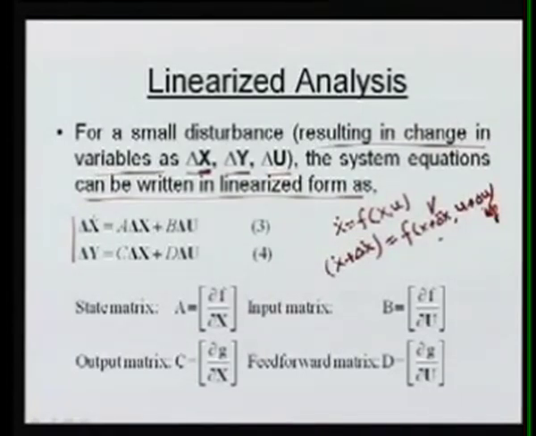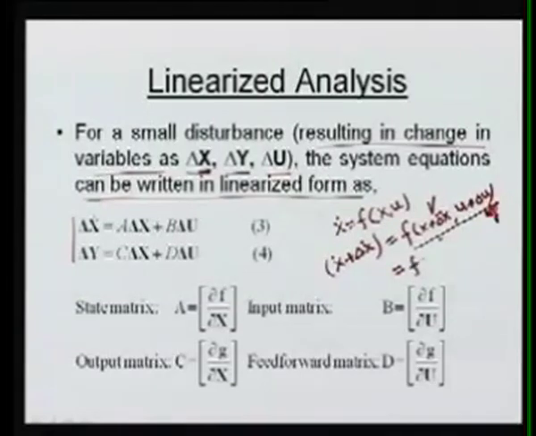Now we can use the Taylor series expansion, and using the first order Taylor series expansion, ignoring the higher order terms, we can write this as f of x and u, plus del f over del x, with x1 to n variables and del x1 and so on, plus del f upon del u times the change in u.